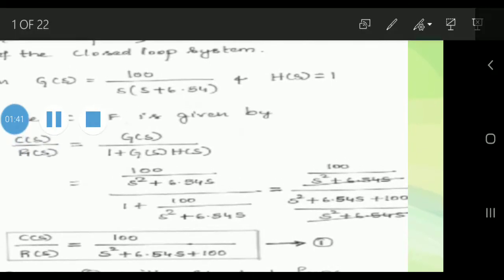So we'll substitute G(s) and H(s) and find C(s)/R(s), which is equal to 100/(s² + 6.54s) divided by 1 + 100/(s² + 6.54s), which is equal to 100/(s² + 6.54s) divided by (s² + 6.54s + 100)/(s² + 6.54s). So in the numerator and denominator we'll cancel s² + 6.54s as shown.